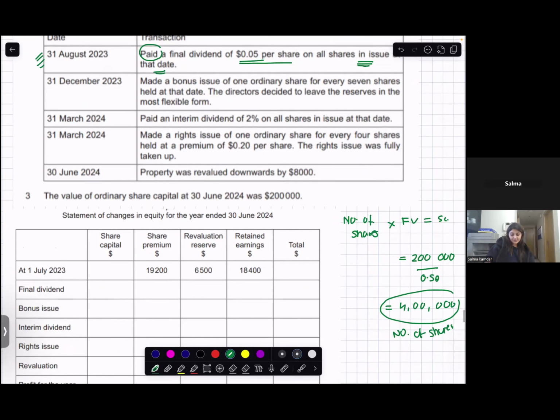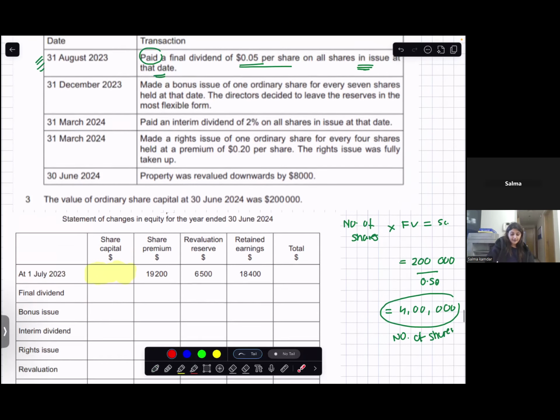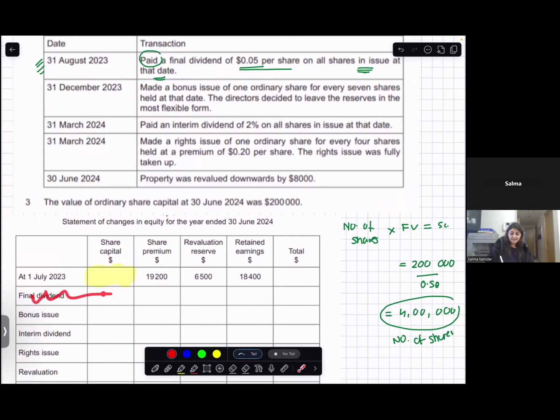So all the shares in issue at that date would be this one. Do I have it? Since I don't have it, I am clueless about what should I put in final dividend. Okay, so in that case, I go and move to the next adjustment.